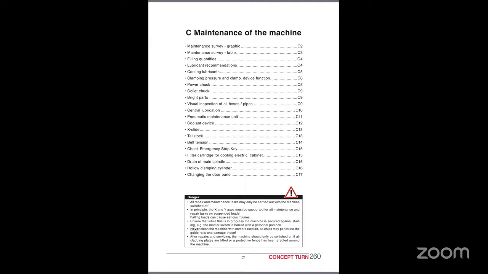So section C is dealing with the maintenance of the machine. The maintenance philosophy is preventive maintenance, that means before facing any machine breakdown, do preventive maintenance.